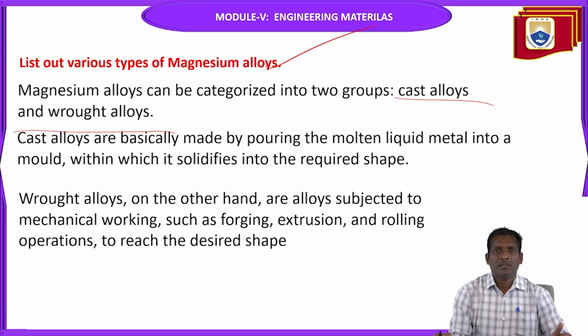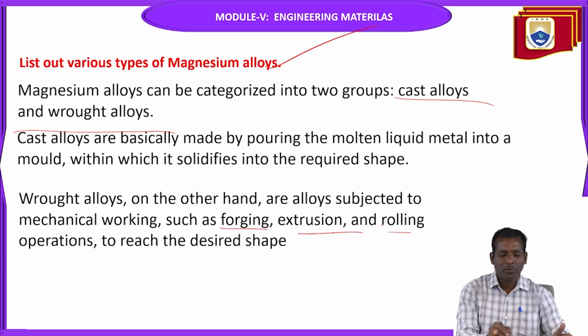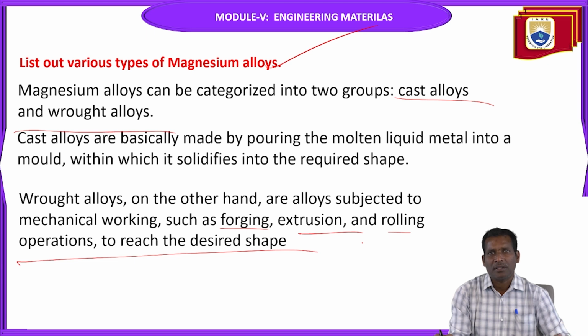Wrought alloys, on the other hand, are alloys subjected to mechanical working such as forging, extrusion, and rolling operations to reach the desired shape. These all are mechanical manufacturing processes: forging, extrusion, and rolling.